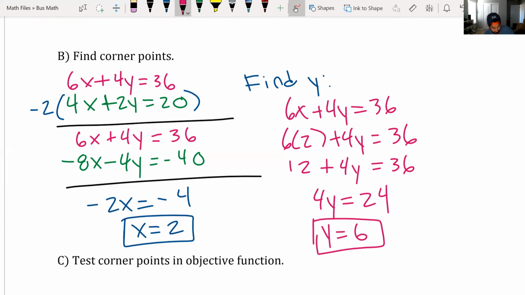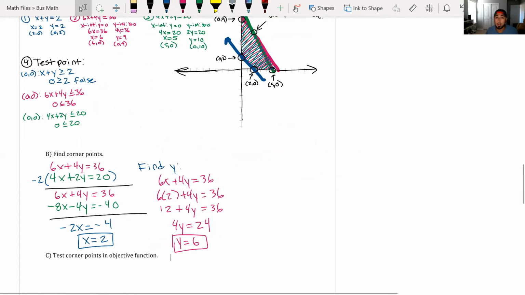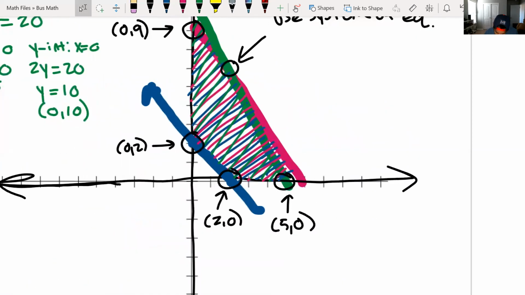All right. And I think my graph was off a bit, so that does not show 2, 6, does it? And if it does, it magically works. 2, 1, 2, 3, 4, 5, 6. It does.